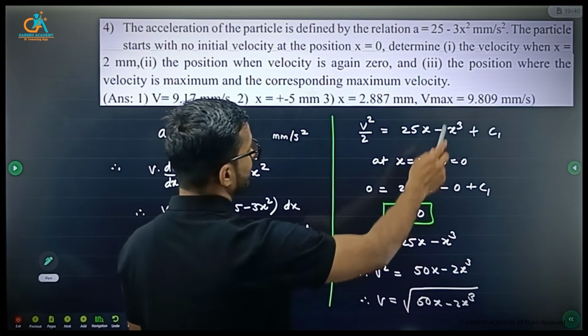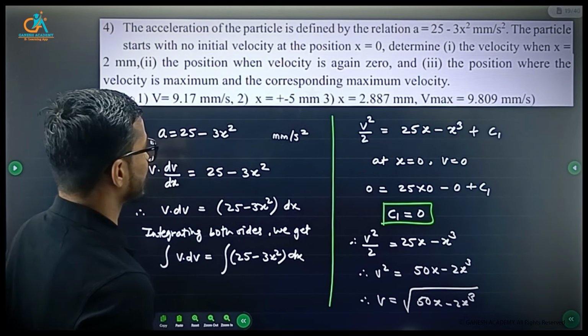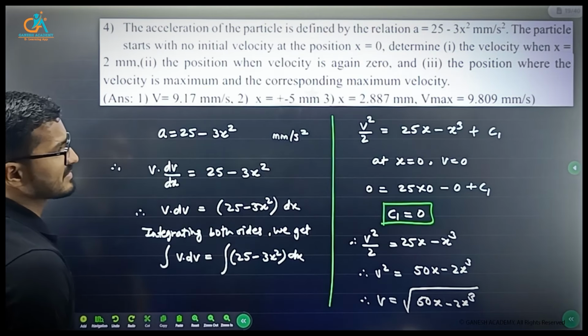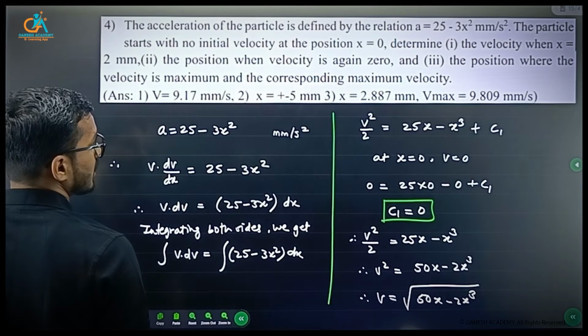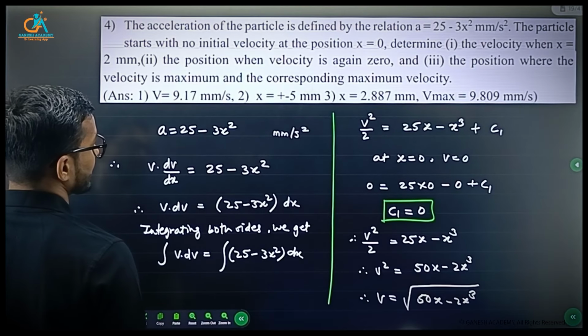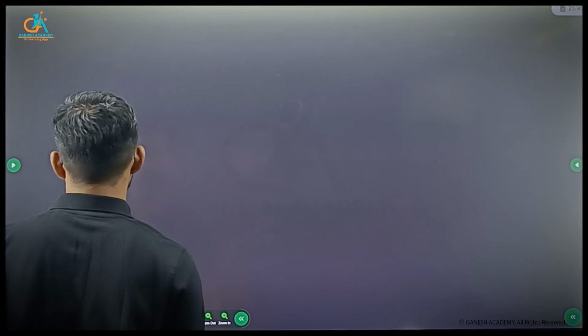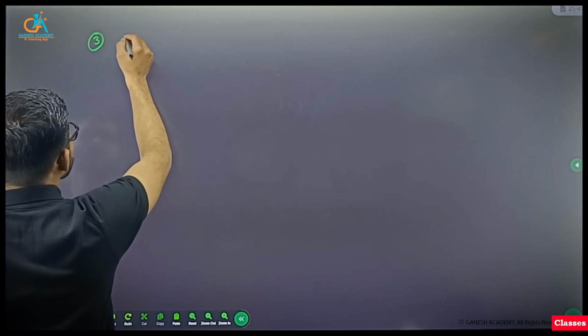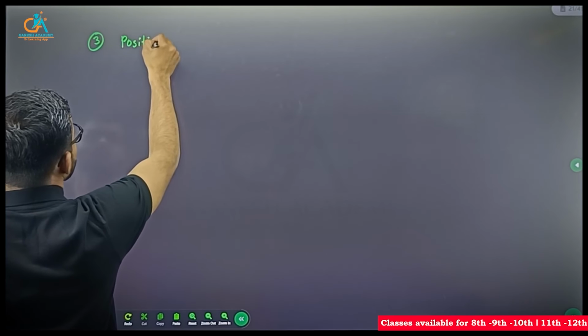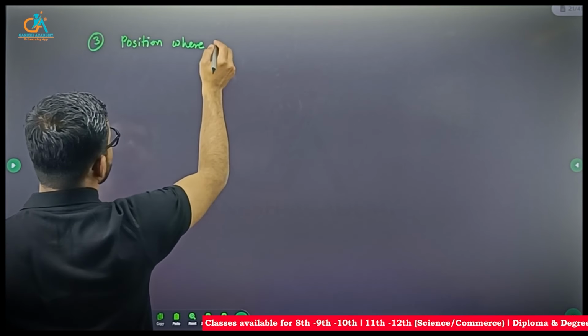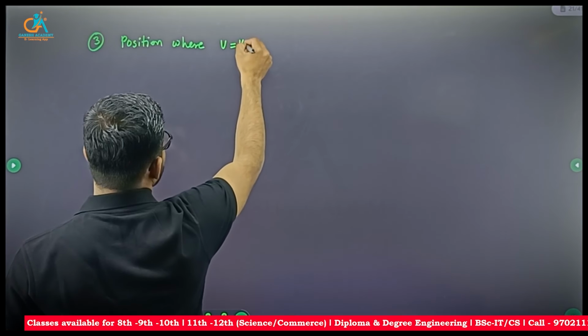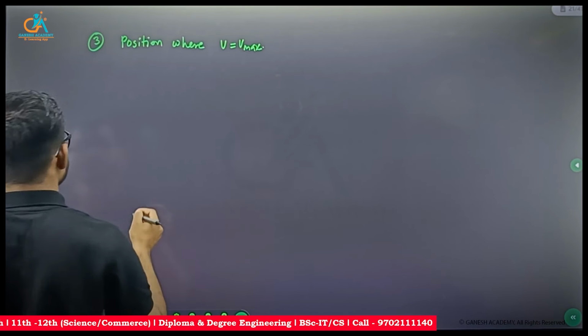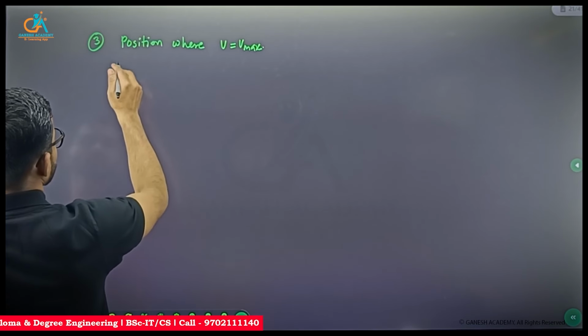Then the position where the velocity is maximum and the corresponding maximum velocity. So next is the condition: position where the velocity is maximum and the corresponding maximum velocity. So third, where velocity equal to velocity max, so x is equal to what value?